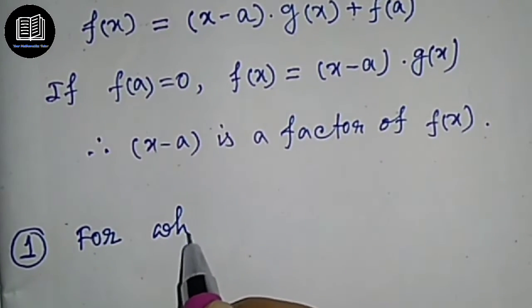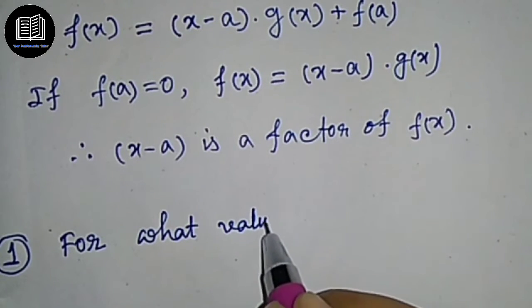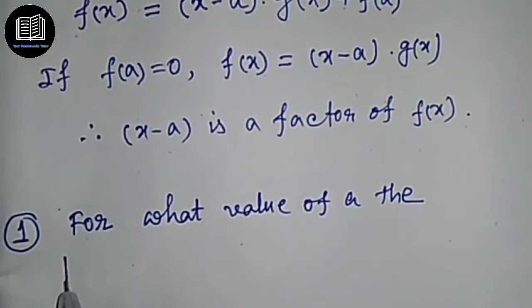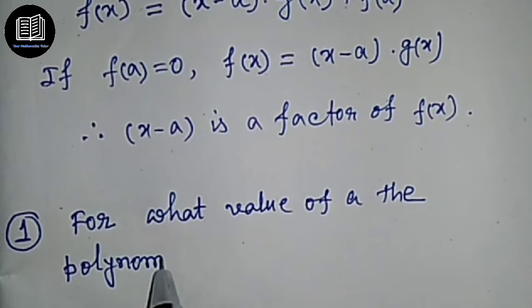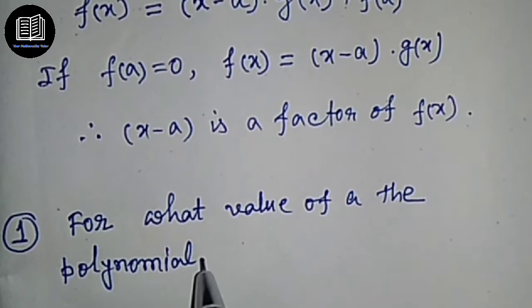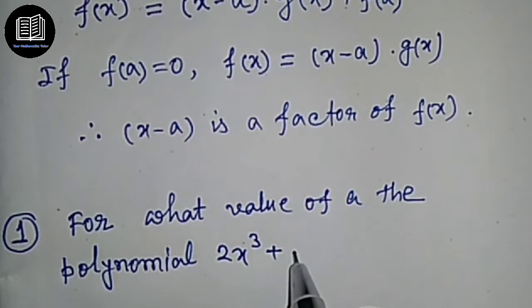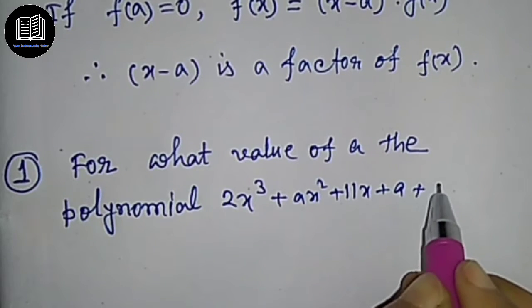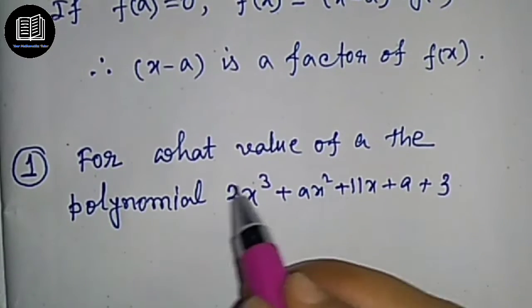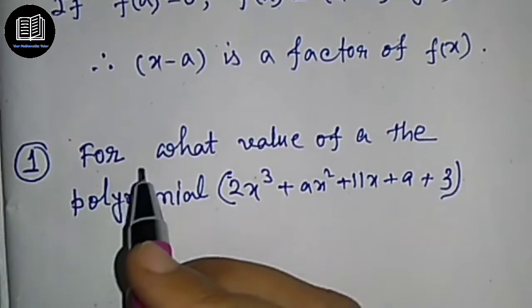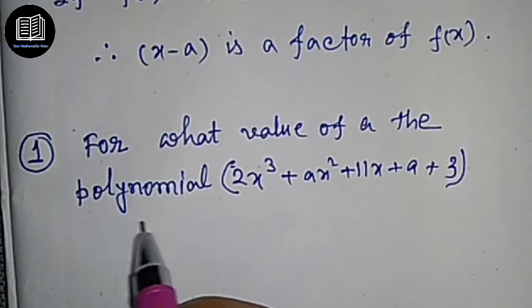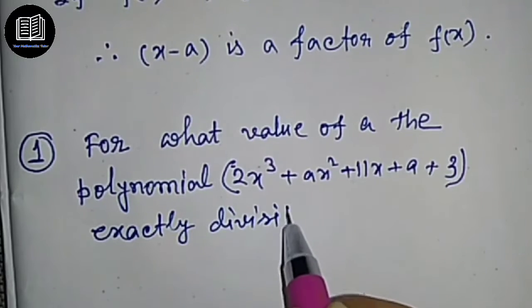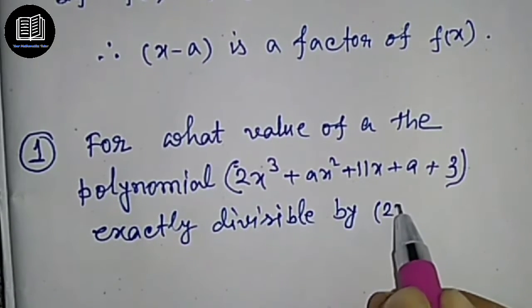For what value of a is the polynomial 2x cube plus ax square plus 11x plus a plus 3 exactly divisible by 2x minus 1?